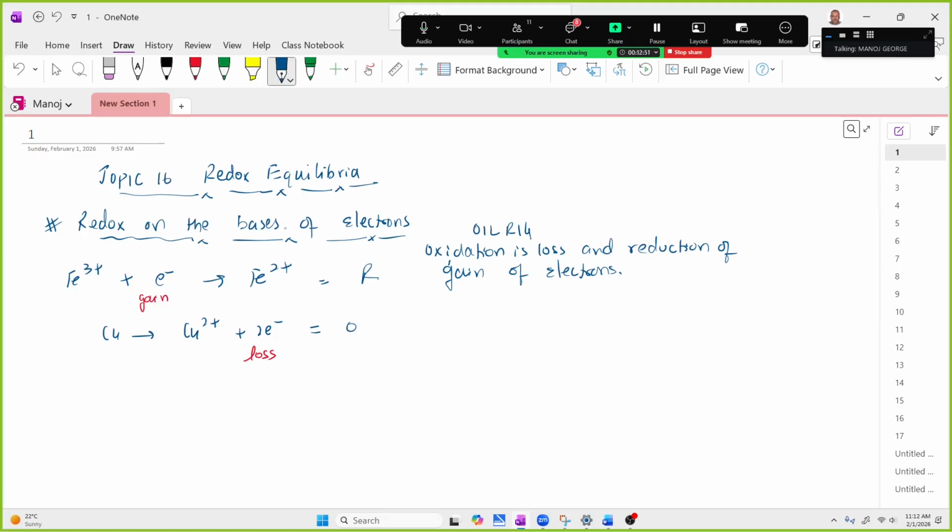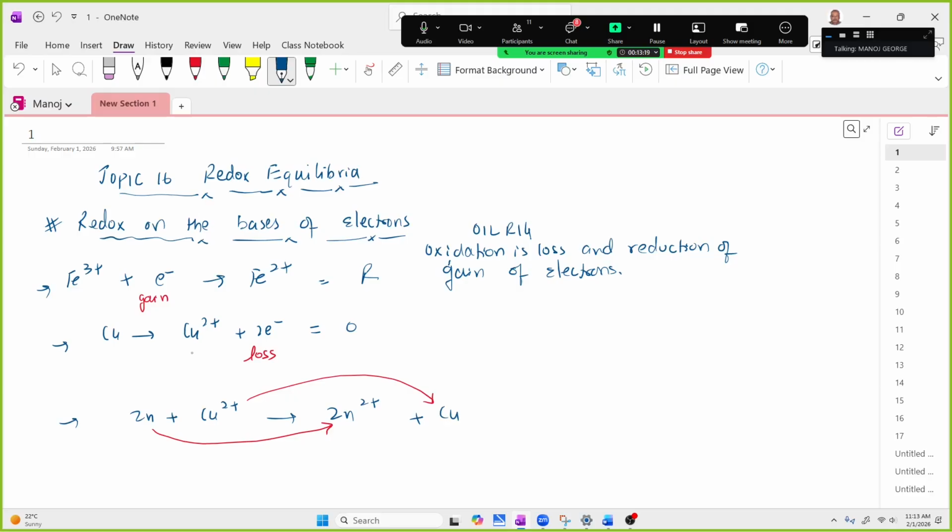Okay, I'm going to give you an equation. Suppose I give you a redox equation such as Zn plus Cu2+ forming Zn2+ plus Cu. Now, very quickly tell me, what do you think is happening here? Individually tell me, zinc becoming Zn2+, oxidation or reduction?